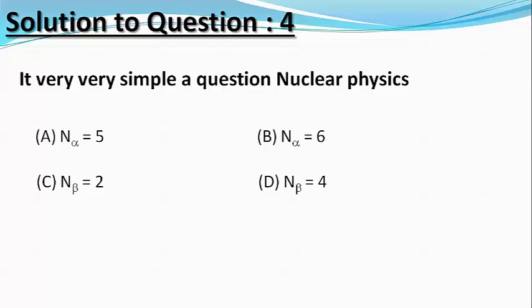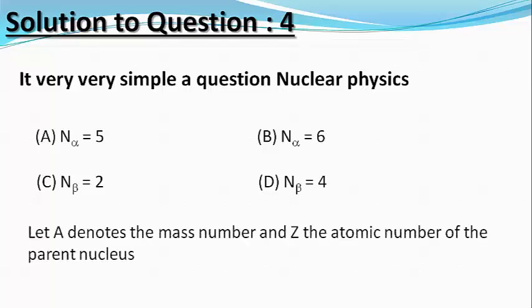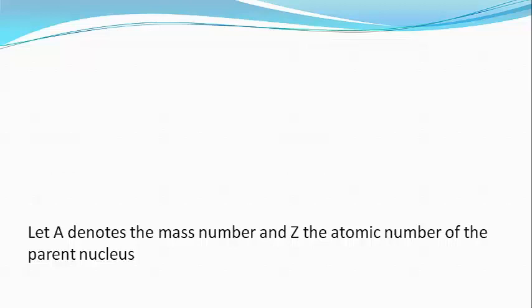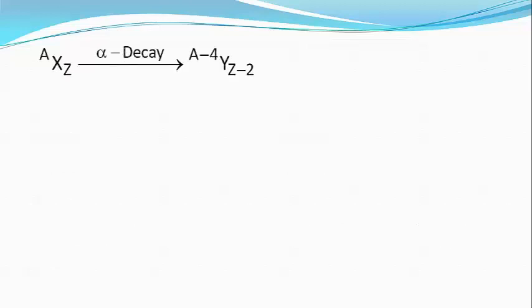Let us now solve this question. Let capital A denote the mass number and capital Z denote the atomic number of the parent nucleus. When the nucleus undergoes an alpha decay, its mass number decreases by 4, whereas its atomic number decreases by 2.